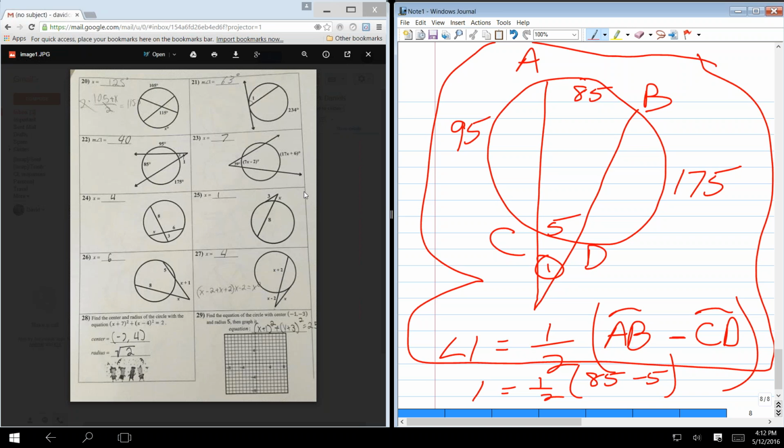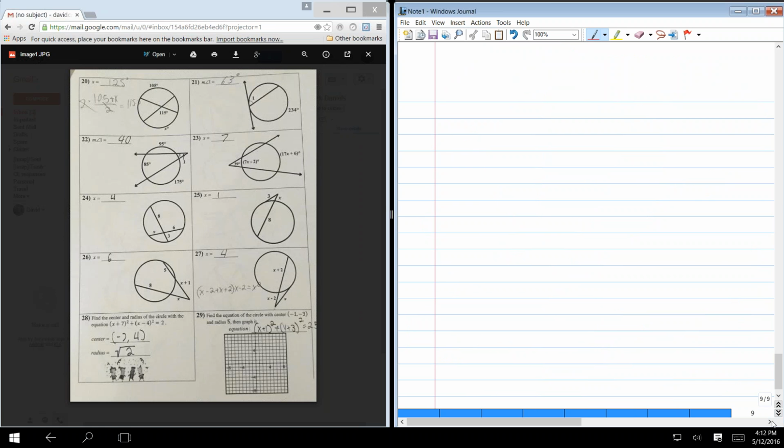But it applies on 23. Question 23 is two secant lines intersecting outside the circle, so 23 is really the same as 22. There's no difference. Give me the equation that's going to apply for 23. How are we going to solve 23?